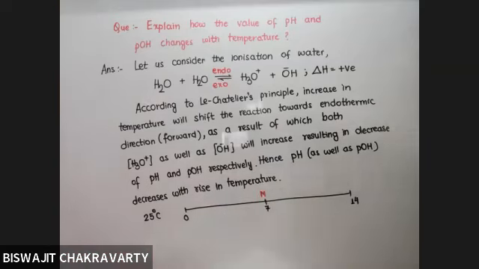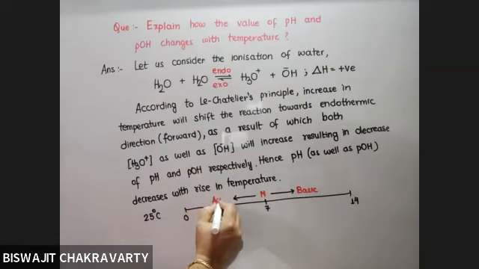Okay, neither acidic nor basic. But the more you are moving towards 14, it will be becoming more and more basic. And as you are moving more and more towards 0, then it will be acidic.